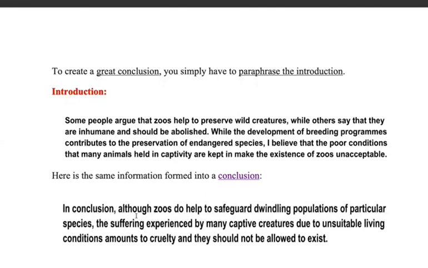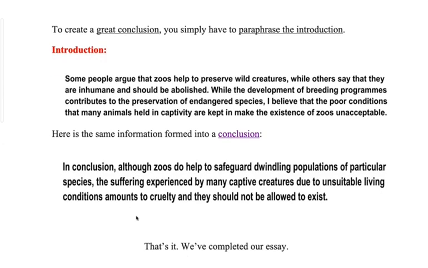So you have the introduction. In your introduction, you have a topic sentence, you have an outline, and these statements. So just paraphrase them. So we have here the introduction. Some people argue that zoos help to preserve wild creatures, while others say that they are inhumane and should be abolished.